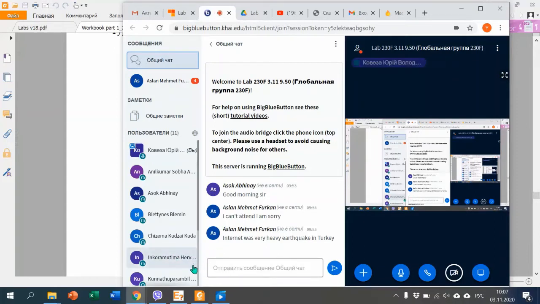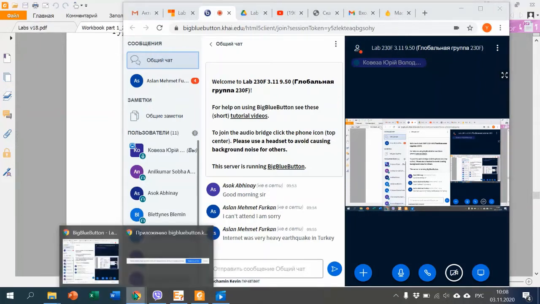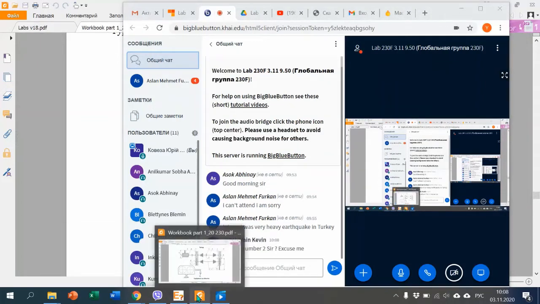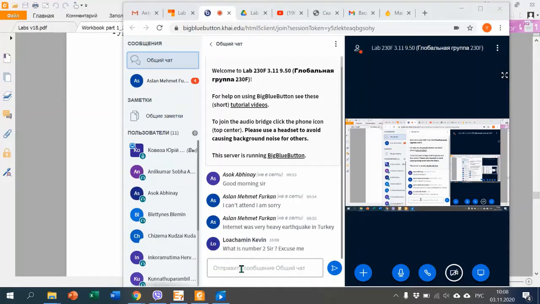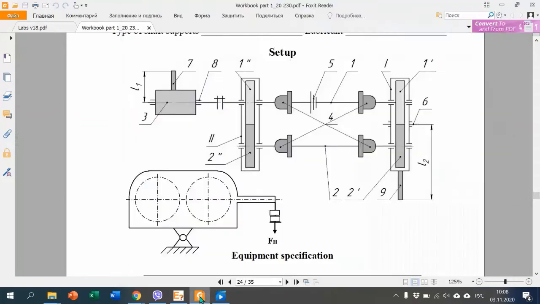Positions number 1 and 2 are torsional shafts. 1 and 2 are shafts. 1 double dashed and 2 double dashed are wheels. 3 is the electric engine.